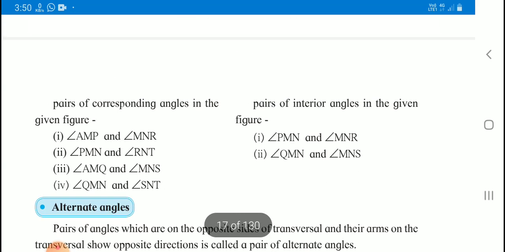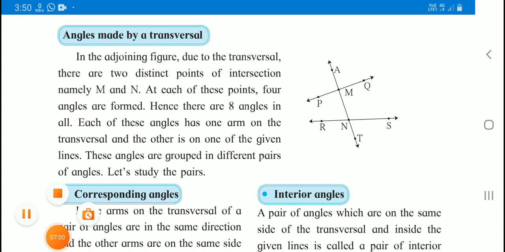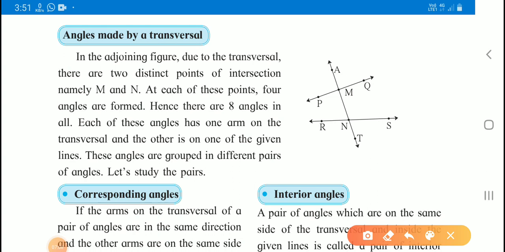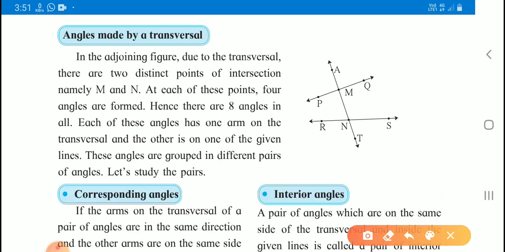Now in that figure we will see the angles such as corresponding angles, then interior angles and alternate angles. Now I will write here.